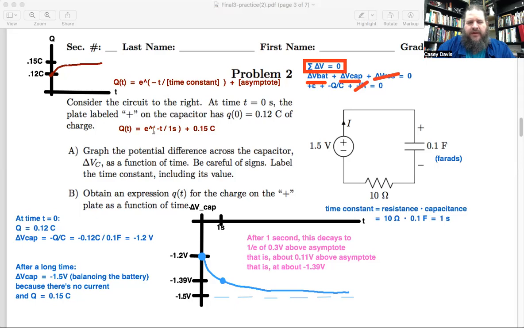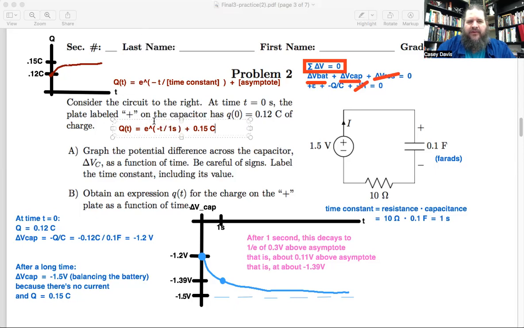Yeah, we want it to be 0.03 below the asymptote. That means this function as it currently stands won't work. Because if you fill in 0 for t, what's e to the 0? Yeah, and we don't want 0.15 coulombs plus 1. We want 0.15 coulombs plus negative 0.03.